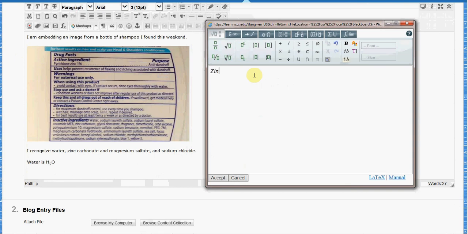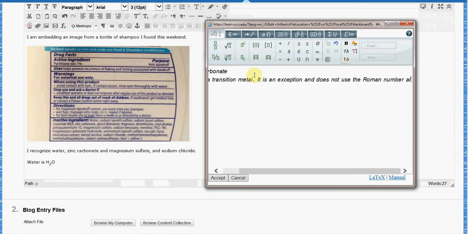So zinc carbonate. Zinc is a transition metal. It is an exception and does not use the Roman numerals to indicate charge. But we know it is a 2+ charge.